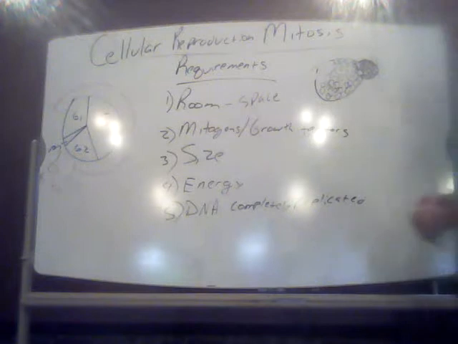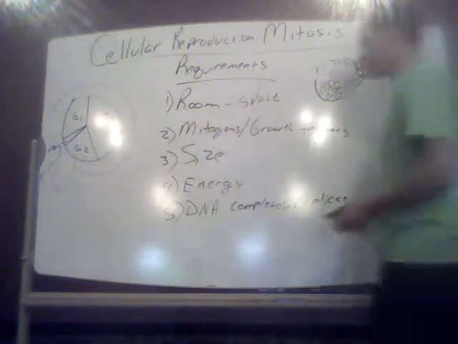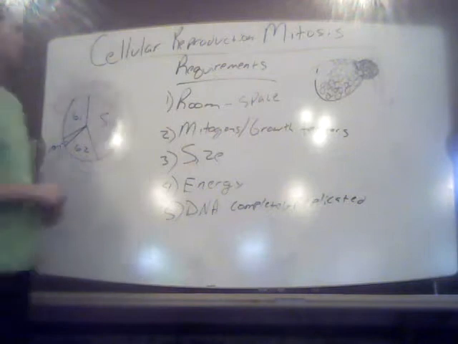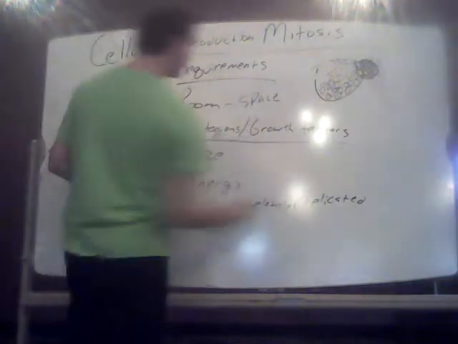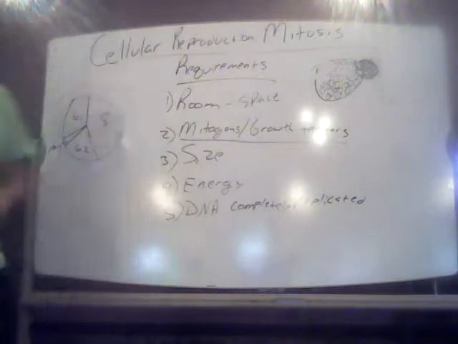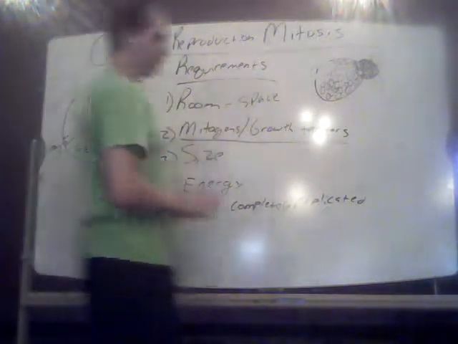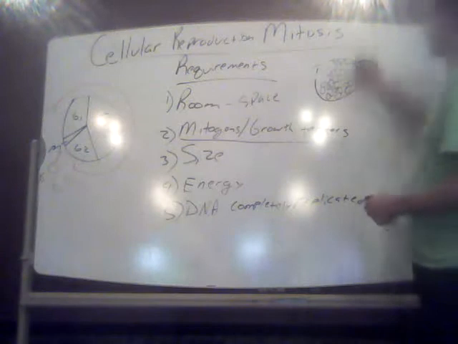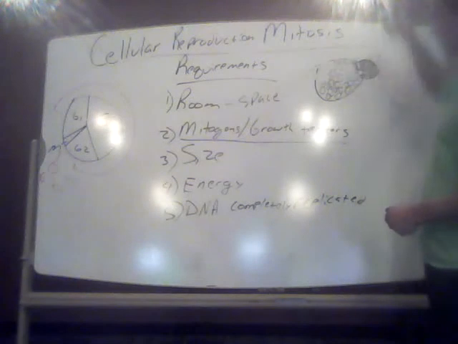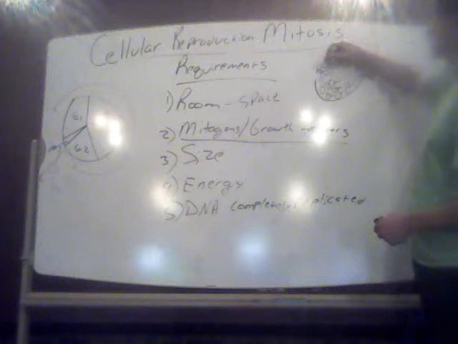The cells have to be within the right environment. Okay, and what I mean is when the cells are in the right environment, there need to be certain chemical factors, chemical messages that are going to stimulate this process to begin with, and that's what mitogens and growth factors are. All right, they're basically chemical messages that are secreted by surrounding cells or the tissue that basically stimulate, okay, look, we need cellular division to take place.